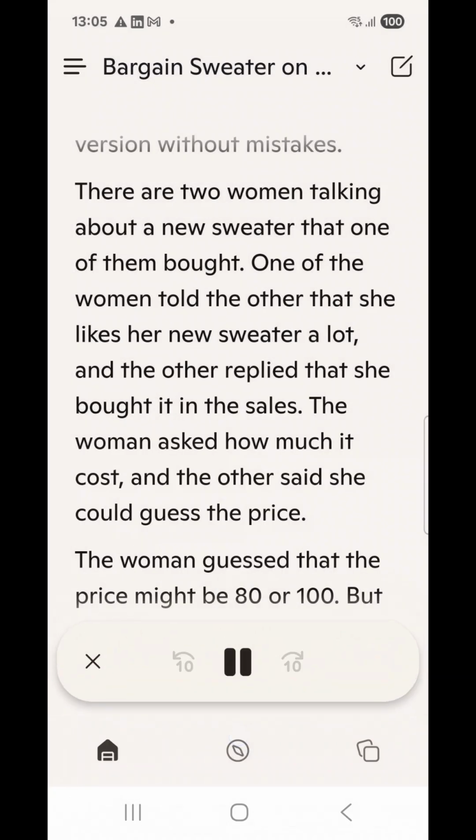Step 3. Write the corrected version without mistakes. There are 2 women talking about a new sweater that one of them bought. One of the women told the other that she likes her new sweater a lot, and the other replied that she bought it in the sales. The woman asked how much it cost, and the other said she could guess the price.